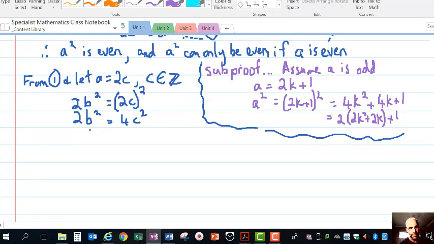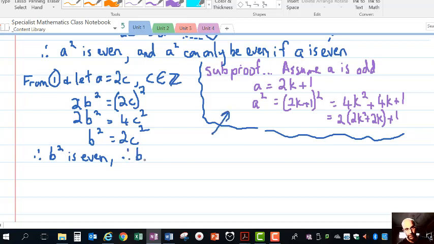Then we have b squared equals 2c squared. Therefore b squared is even, it's divisible by 2, okay? Therefore b is even from what's now an axiom.